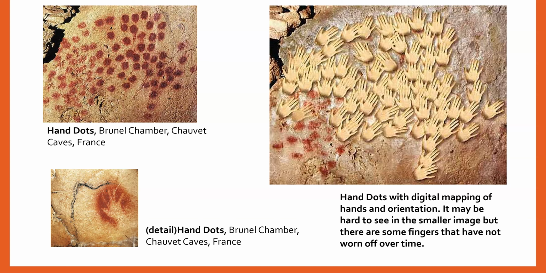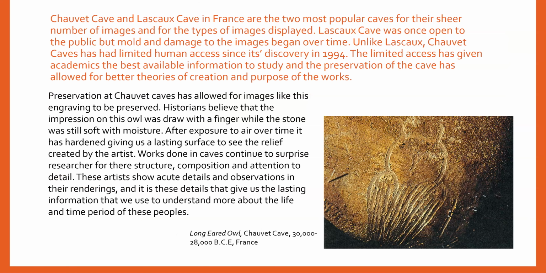If you've ever been camping and used a little kerosene lantern, that lamp black in there is a really good preserved carbon pigment that you can use. But Chauvet Cave gives us the most intimate look at what's going on.